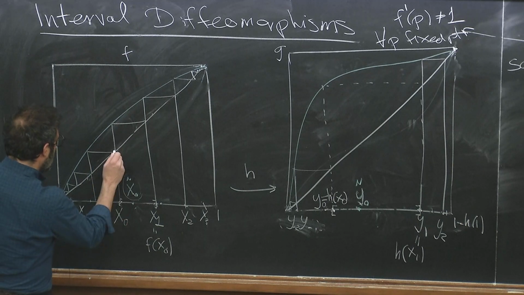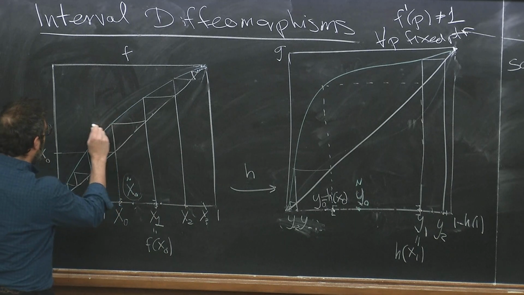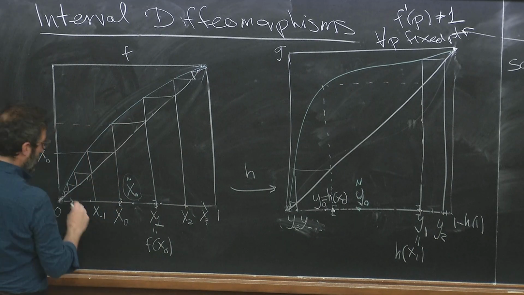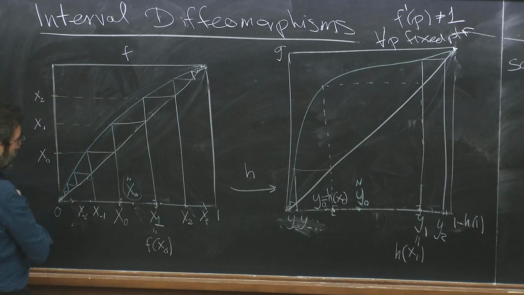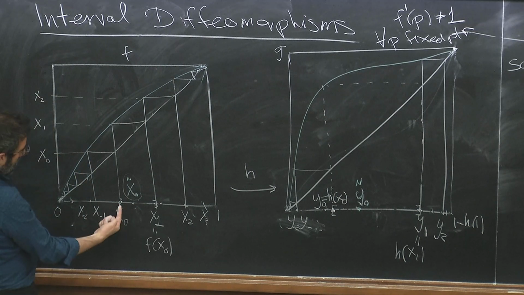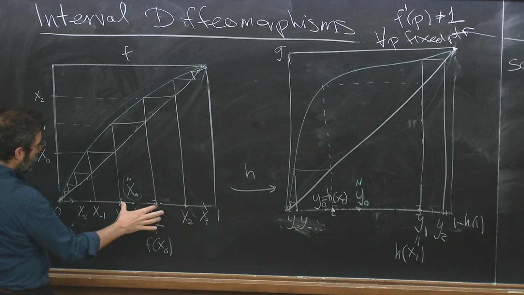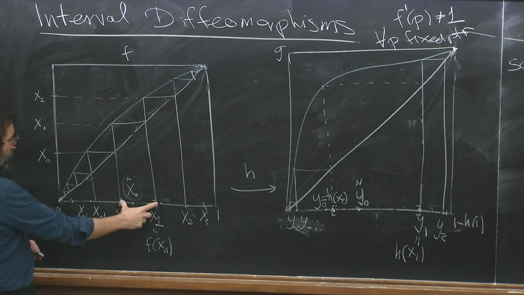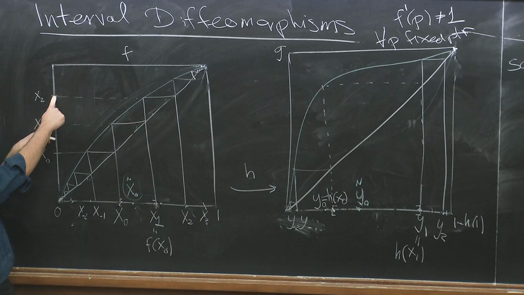So this is x0, this is x1, this here is x2. So you can see x0 maps to x1, x1 maps to x2, and of course the whole interval x0, x1 maps to the interval x1, x2.